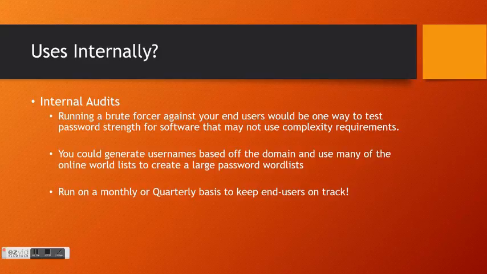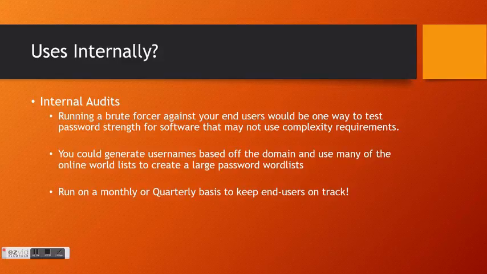Uses internally. So internal audits, running a brute forcer against your end users would be one way to test your password strength for software that may not use complexity requirements, like internal software or firewall software, pfSense, stuff like that. So you can generate the usernames based off your domain, so you should already have their usernames.